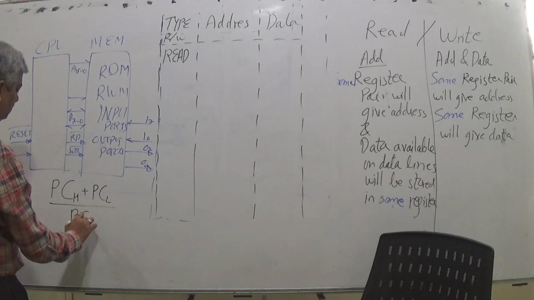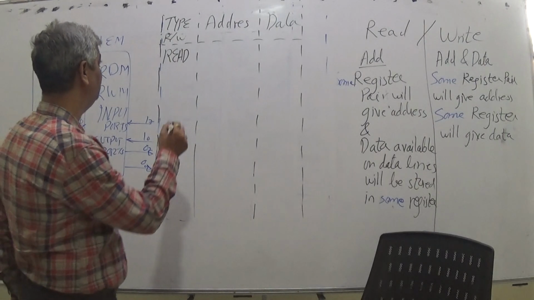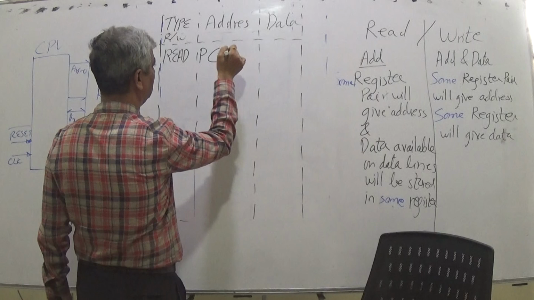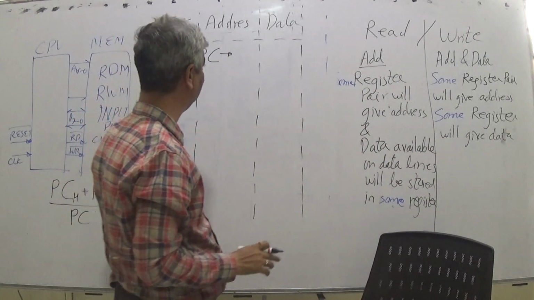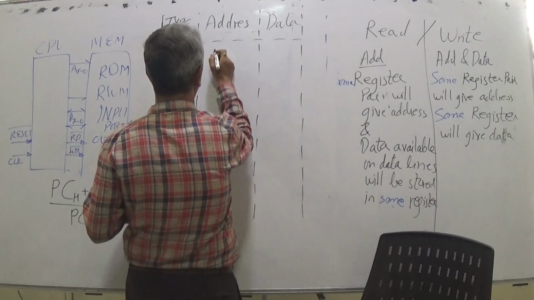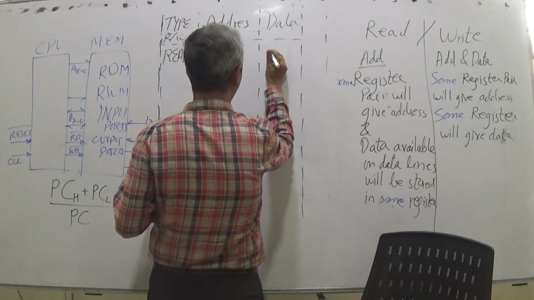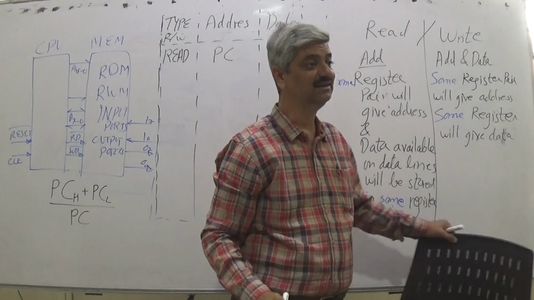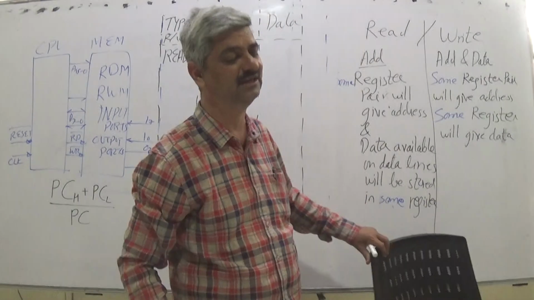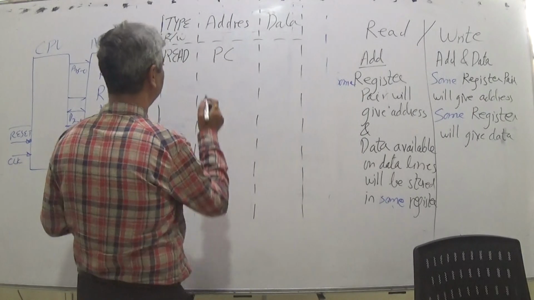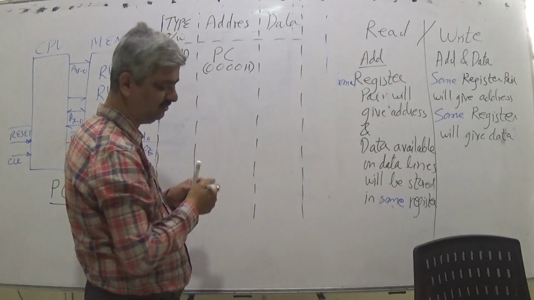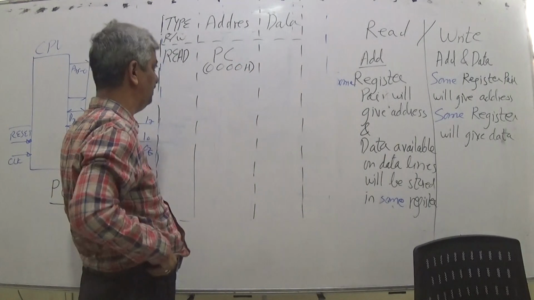So the program counter gives the address. After reset, it must restart from a fixed location, so the program counter becomes 0000 hex, all zeros.